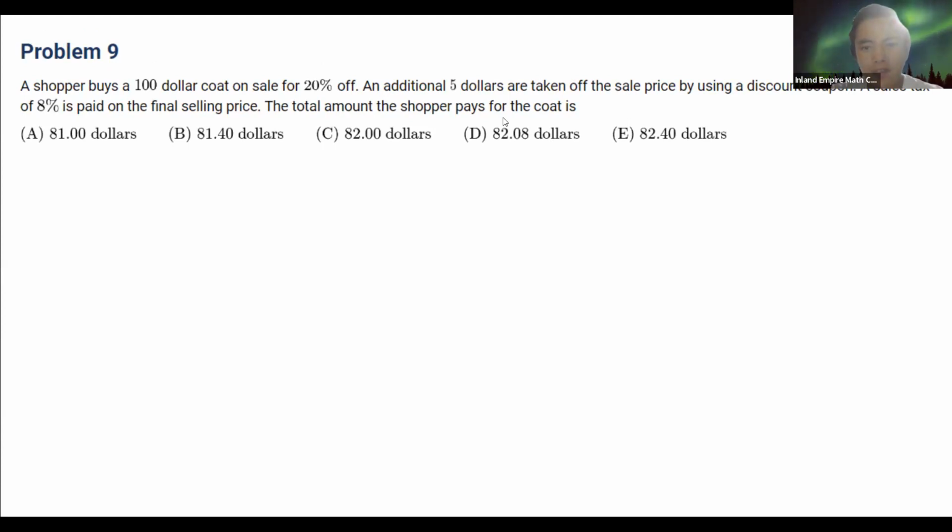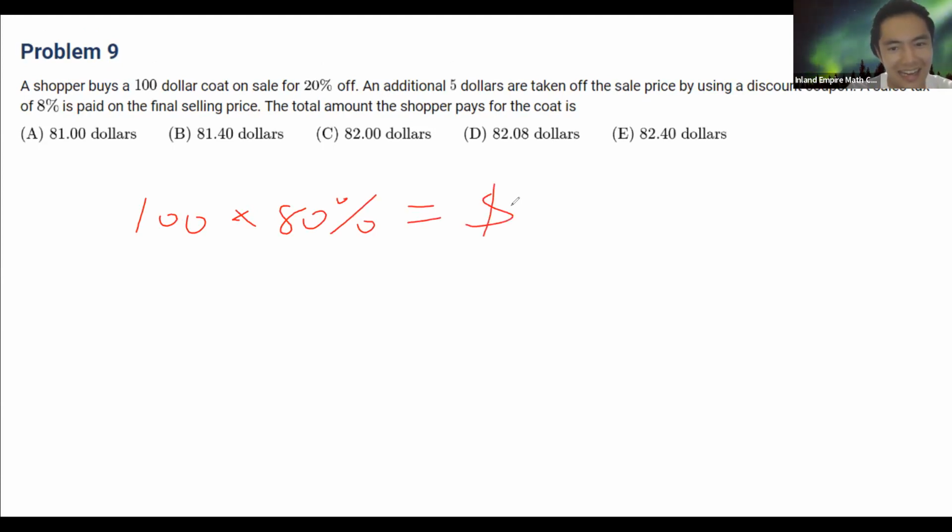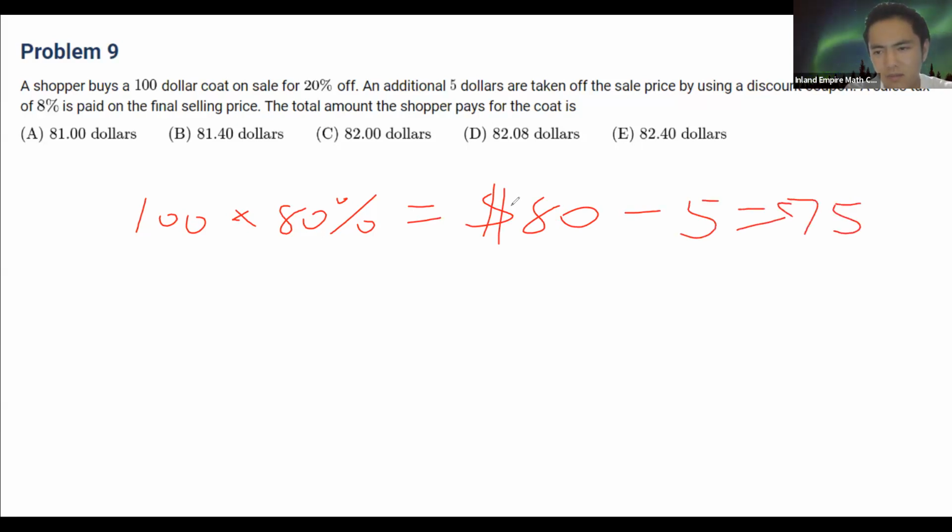The way I would solve this is really just as a multiplication problem. A $100 coat for 20% off is equivalent to multiplying by 80%, which is just $80. Then you take $5 off, so 80 minus 5 equals $75. The way I wrote this is a little problematic, but you get the idea.